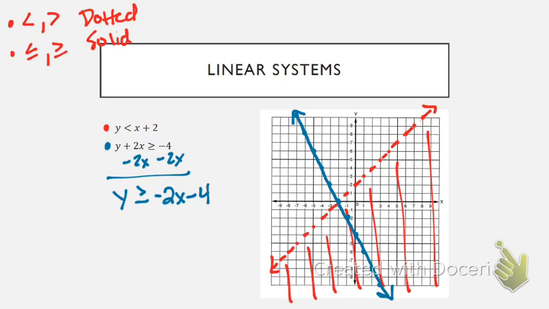And then the second line says, where is y greater than negative 2x minus 4? So I want to know, when is my graph above the blue line? So I'm going to shade above the blue line.